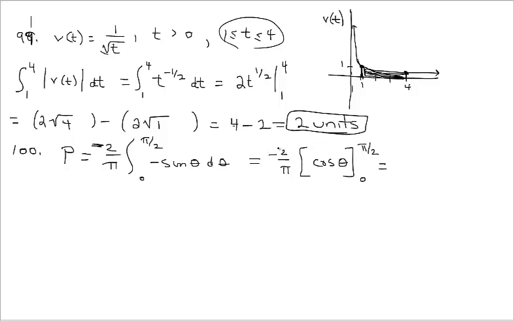Okay, and here I'm just going to leave the negative 2 over pi out in front. I could have done that up here too with that constant multiplier, but it's convenient to do so here. So negative 2 over pi times cosine of pi over 2 minus cosine of 0.